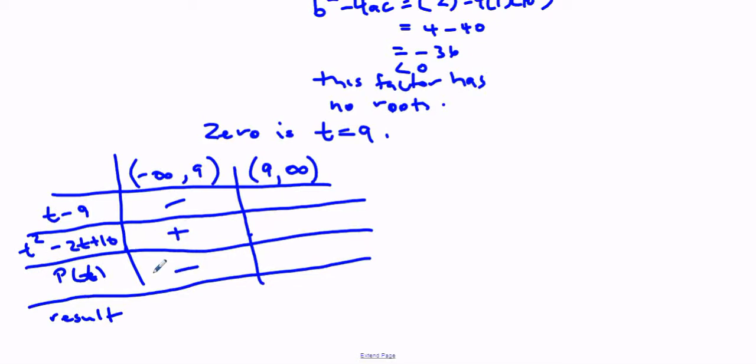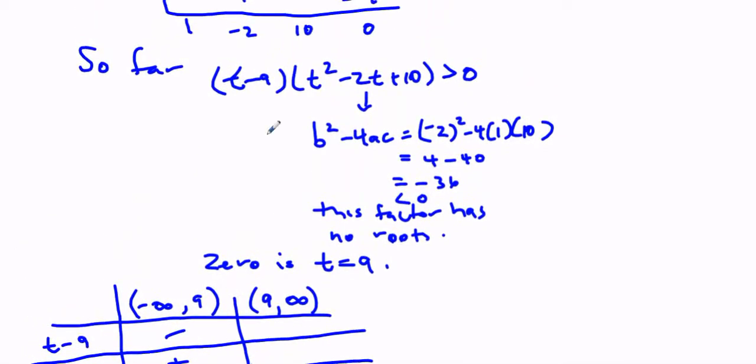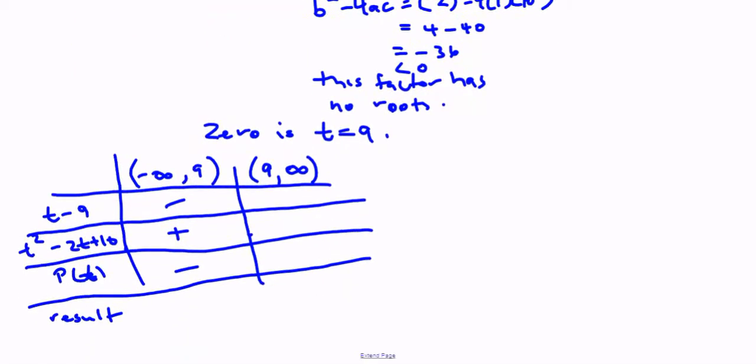We go back to here. Is this what we want? Did we want a negative value? Greater than 0 means it's a positive value. So this is not the result we wanted. We're going to go to this one just to double check. You never know. It might all be below the x-axis, but it can't be because it's a cubic function.